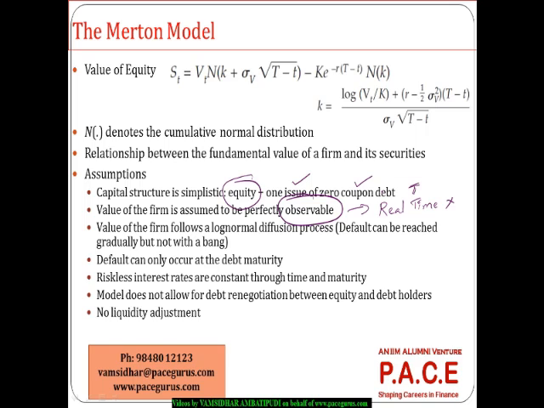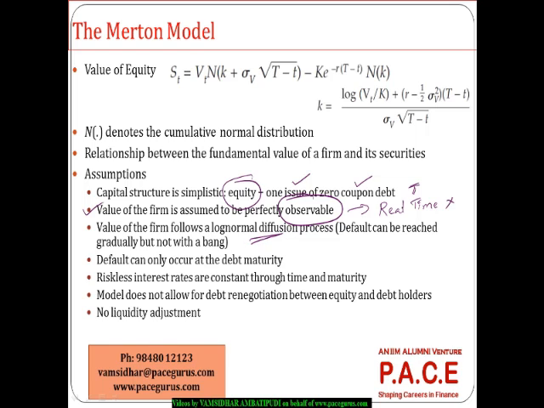So it might be difficult to obtain the mark to market value of the debt on a day-to-day basis. But this model assumes that the value of the firm is a directly observable element. And as we have already talked about, the value of the firm follows a geometric Brownian motion, which is a log normal diffusion process.